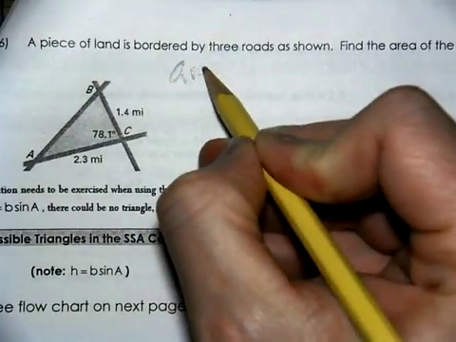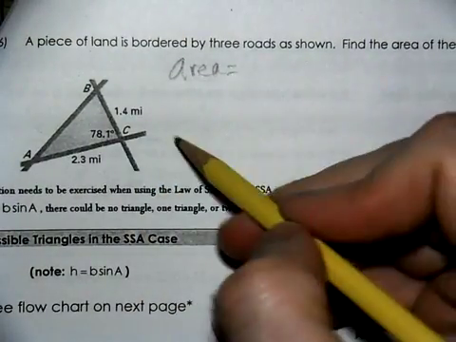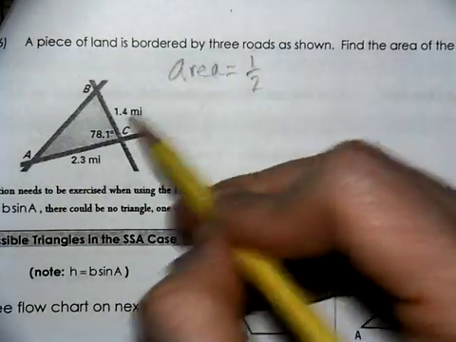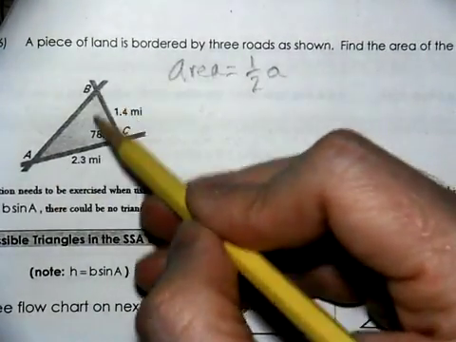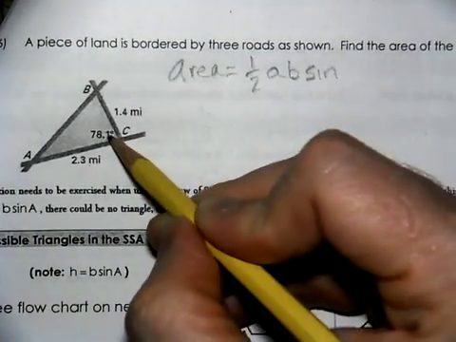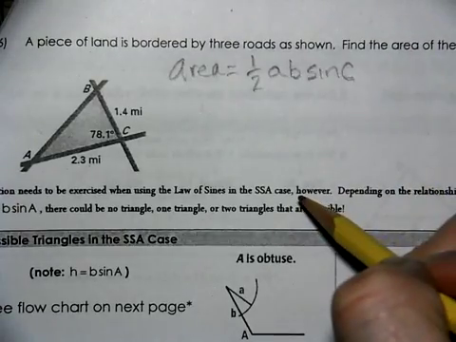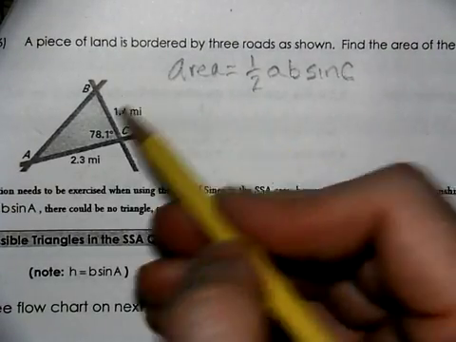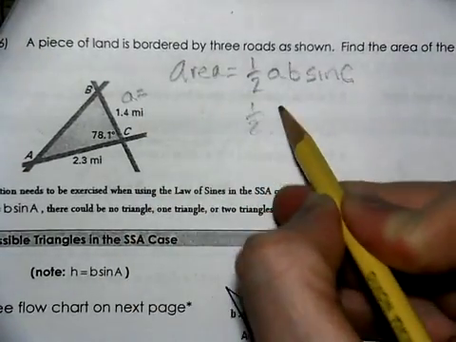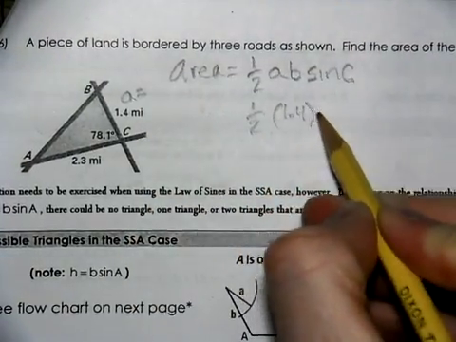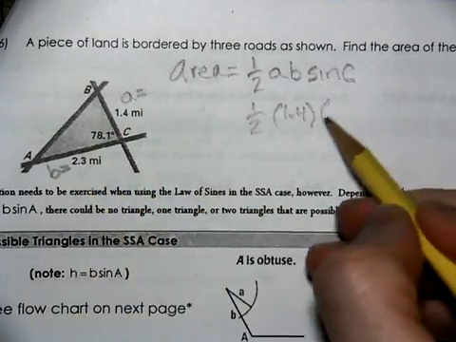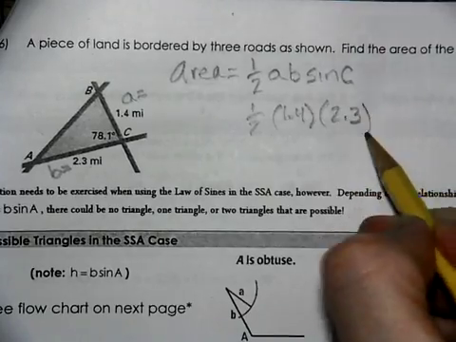We're going to figure out the area by using half side A times side B times the sine of our angle, which would be C. Side A is 1.4. Side B is 2.3.